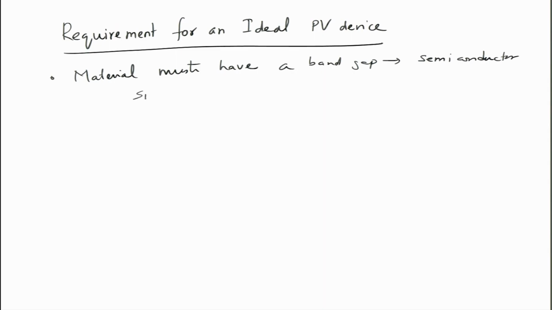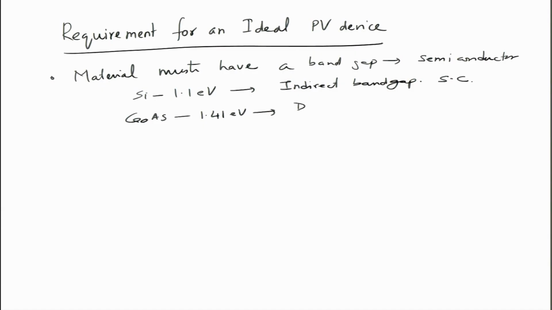So, here silicon has a band gap of 1.1 electron volt, silicon is an indirect band gap semiconductor. Gallium arsenide on the other hand has a band gap of 1.41 electron volt, which is a direct band gap semiconductor. So, gallium arsenide will give you higher VOC as compared to silicon.